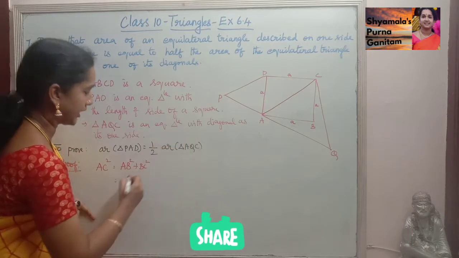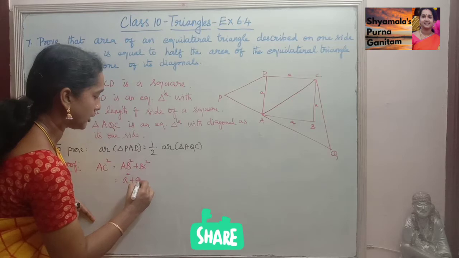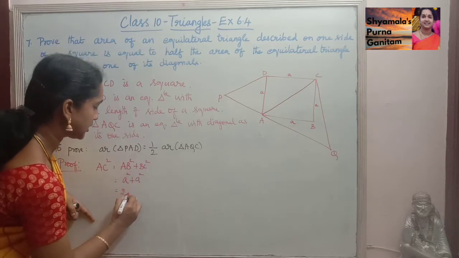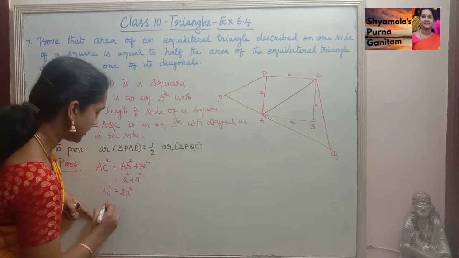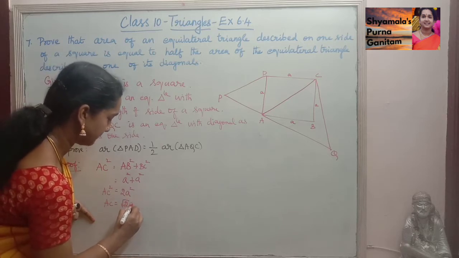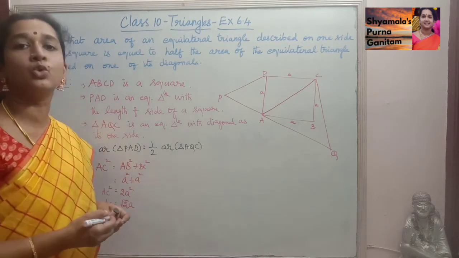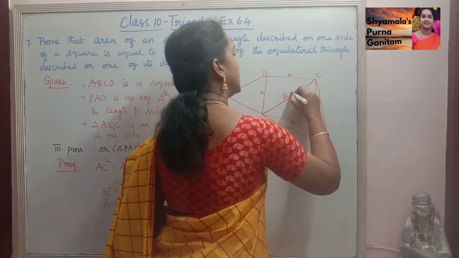AB squared is A squared, plus BC squared is also A squared, so we get 2A squared. AC squared is equal to 2A squared, so AC is equal to root 2 A.